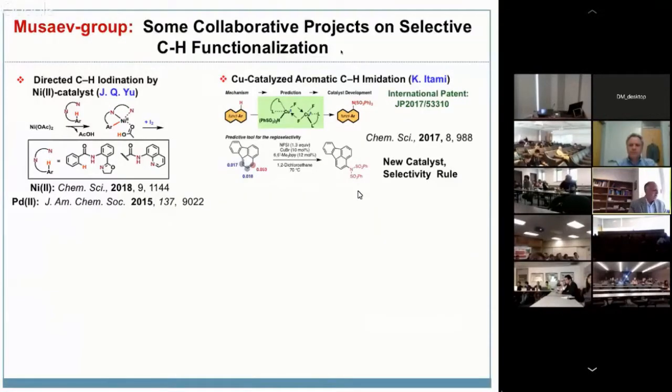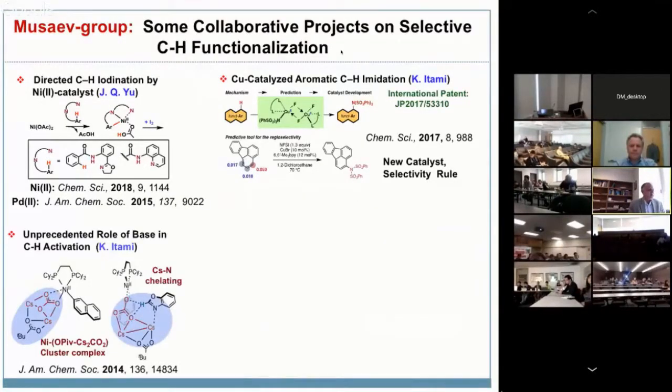And computation was instrumental in establishing the unprecedented role of base in CH activations, or in general, in chemical synthesis.